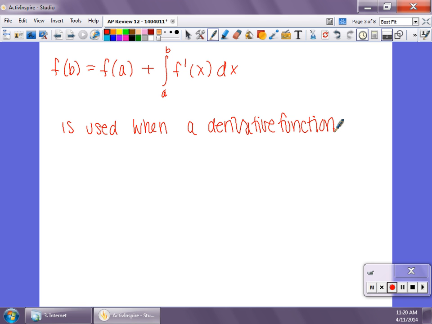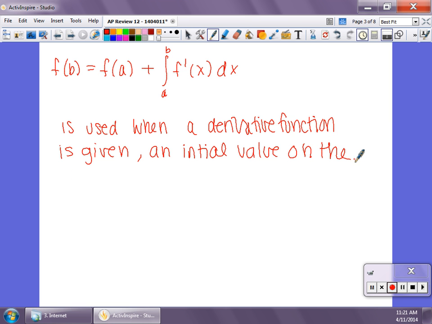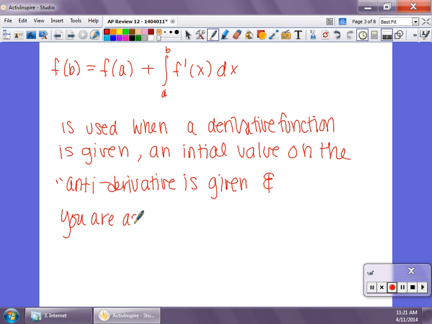When a derivative function is given, an initial value on the antiderivative is given, and you are asked a value on the antiderivative. We'll just call that AD.